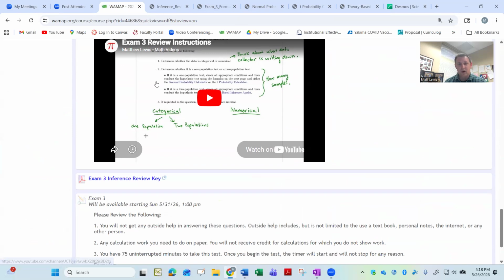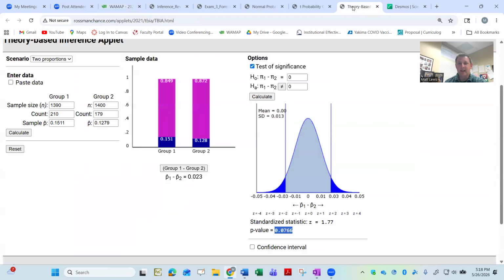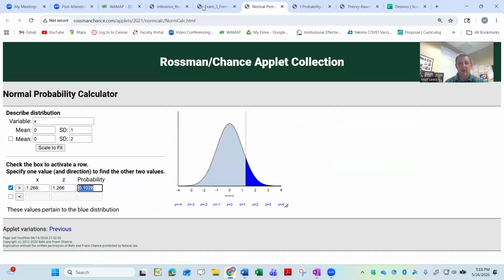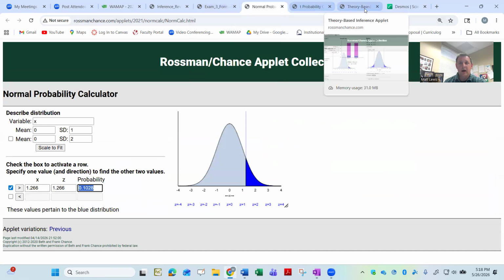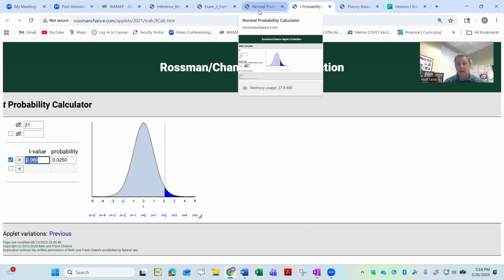But definitely at least watch the beginning where I explain the instructions here and what I'm asking you to do, so that way those parts make plenty of sense. Here's the key for it right underneath. And then finally, you can see how my tabs are open here to these different calculators, and you should have them open as you're walking through the inference review problems for sure.